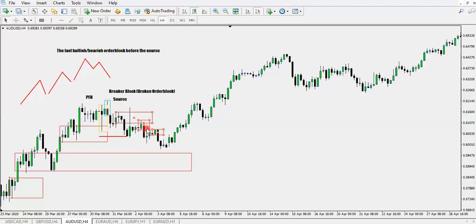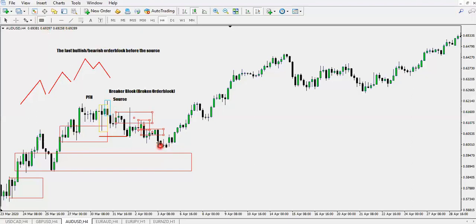Price then rallied back up into our order block, and a new order block was created, intersecting with this previous order block, and then this move to the downside was created by this order block. Notice now that there is no longer more movement to the downside.